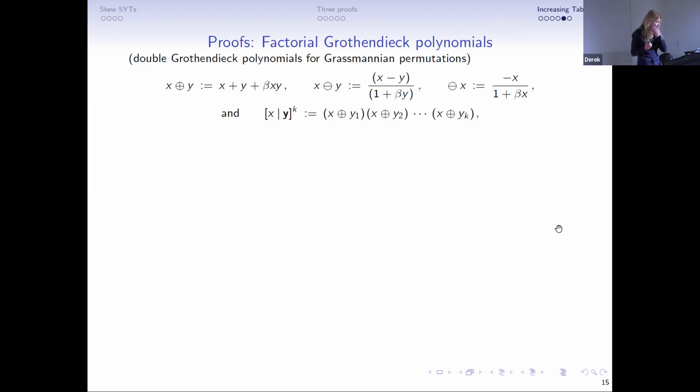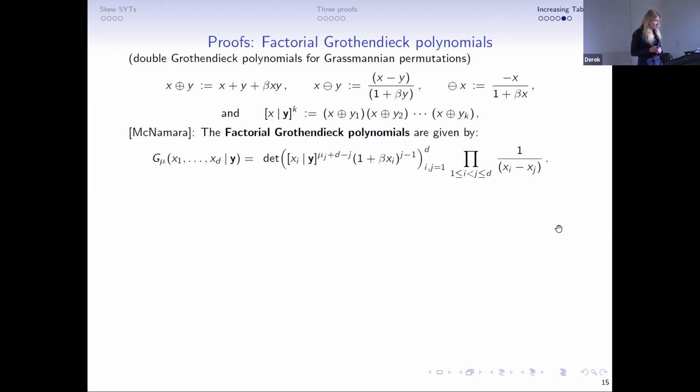There are some operations that are defined over here. The factorial Grothendieck polynomial can be defined with this type of determinantal formula. Again, this is using these operations. This is not the standard formula.